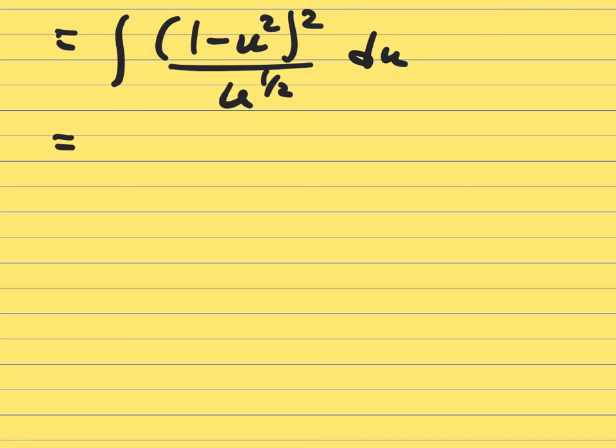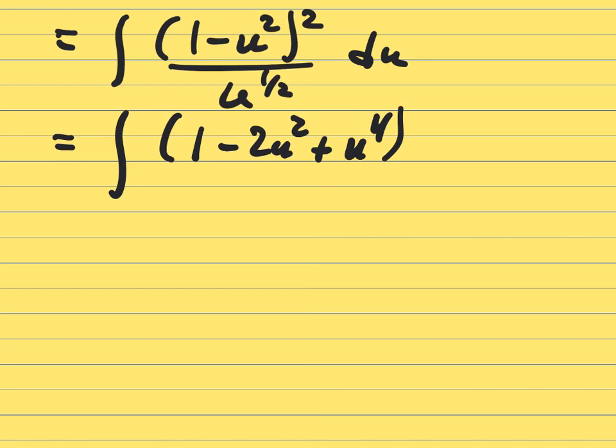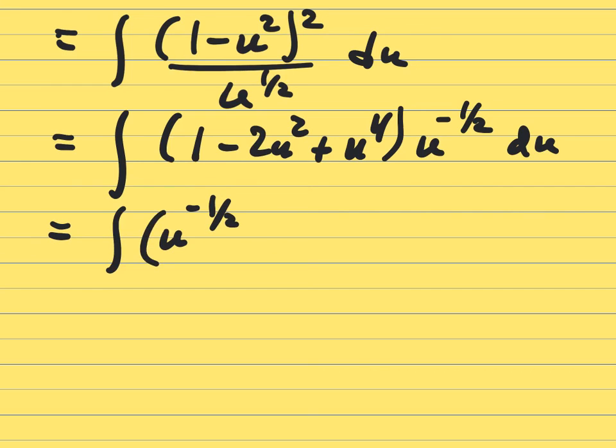Foiling the numerator, bringing u to the 1/2 to the numerator, distributing u to the negative 1/2, be very careful to add negative half to those existing powers.